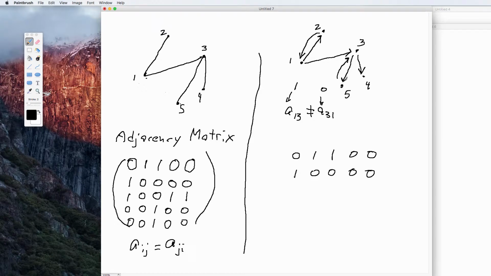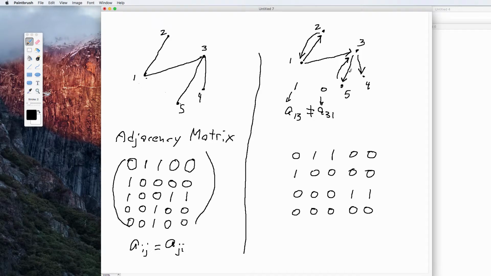I can go from 3 to 4. And I can go from 3 to 5. So over here, I'm going to get a 1 and a 1. But that's it. Okay, from 3, I can't go anyplace else. And I can see from 4, I can't go anywhere. So they're going to be zeros all the way across here.